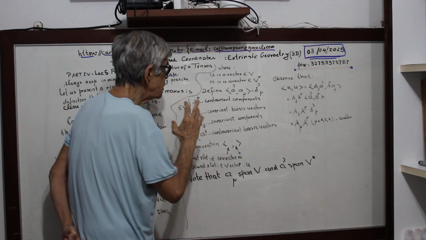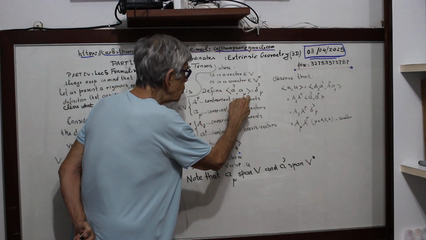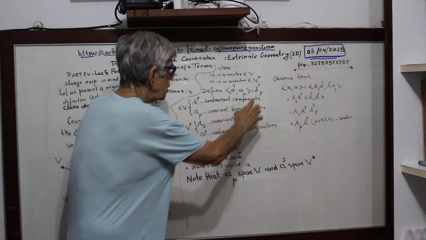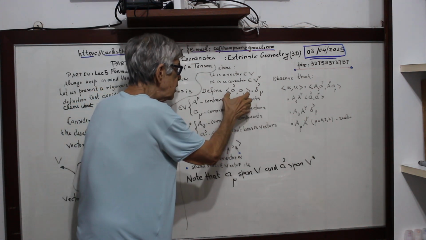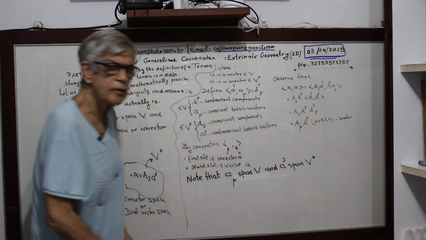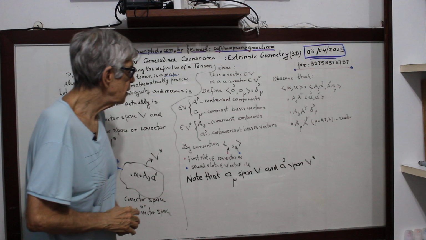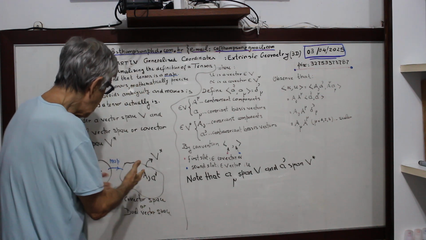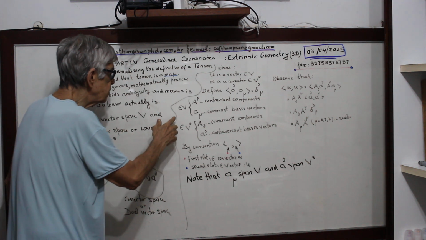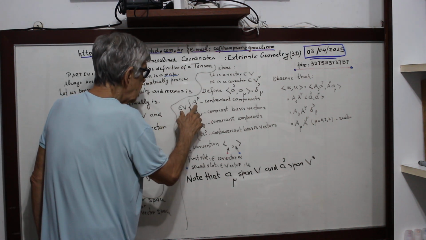And also you can see that nu and mu, they are free indices. Free index on the left hand side, free index on the right hand side. You see? I just said that, but I'll repeat.